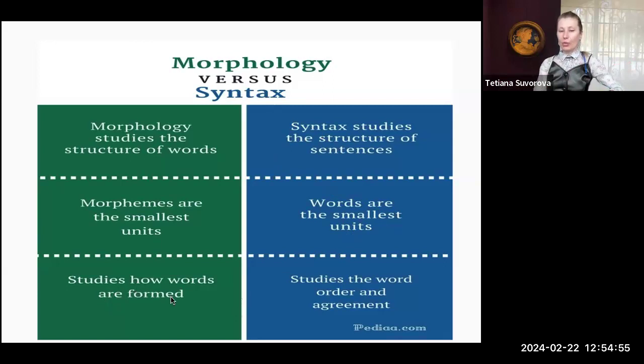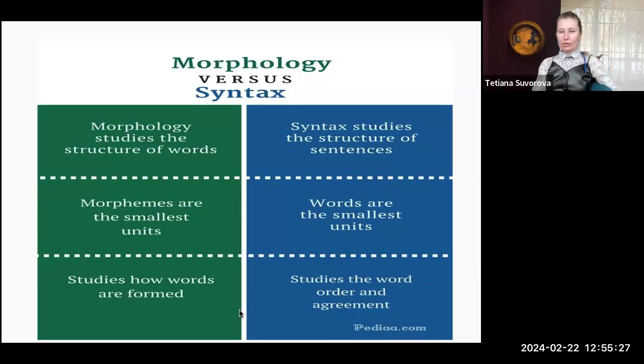Morphology studies how words are formed, so the structure of the word. Morphological analysis presupposes that we take a word, cut it into parts, logical ones of course, and see how many elements we have, 1, 2, 3, 5, and so on, and which role they perform, whether they are suffixes, prefixes, roots, endings, or maybe some other elements.